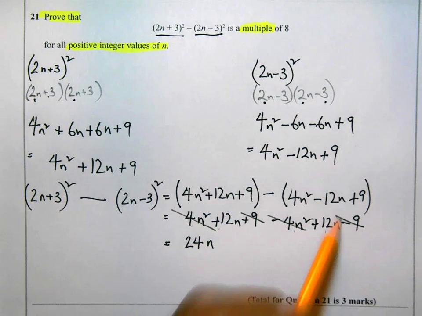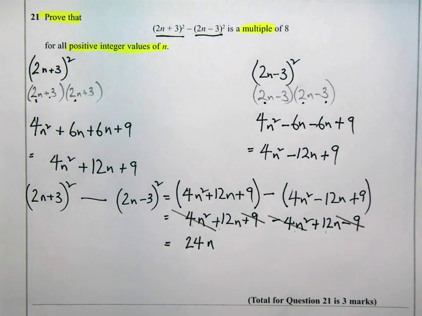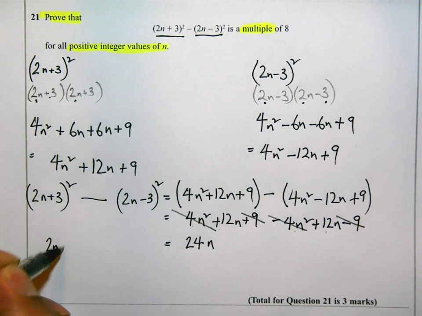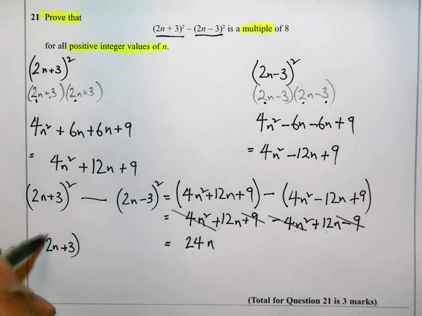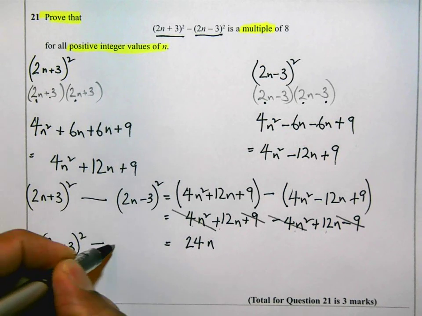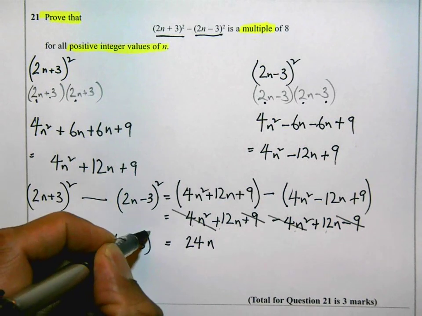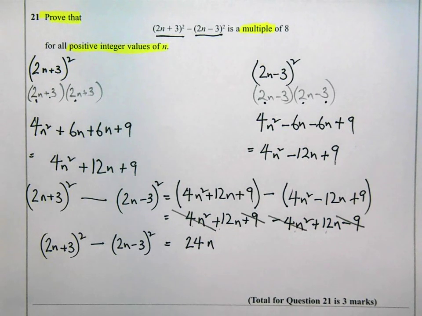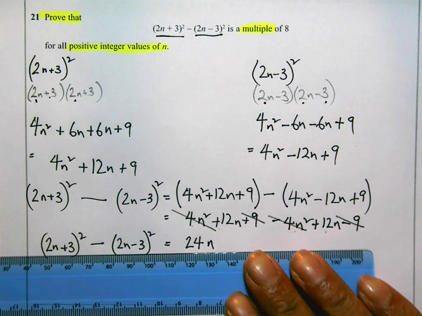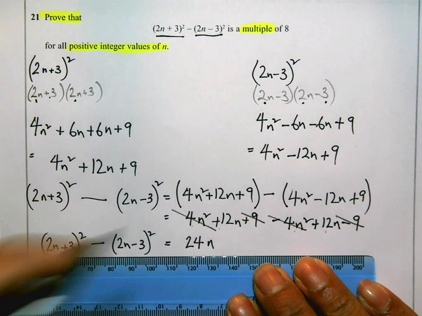So this expression at the top, (2n + 3) all squared take away (2n - 3) all squared, is equal to 24n.